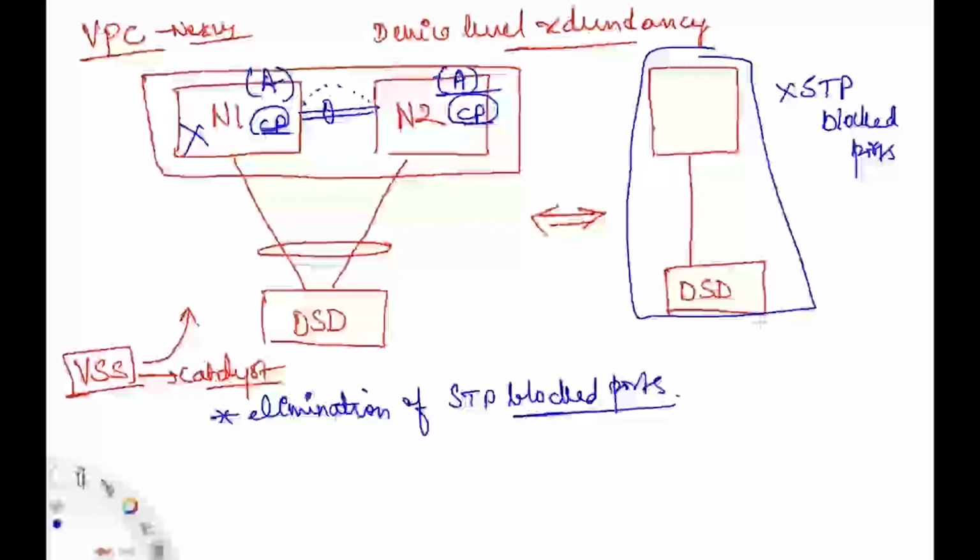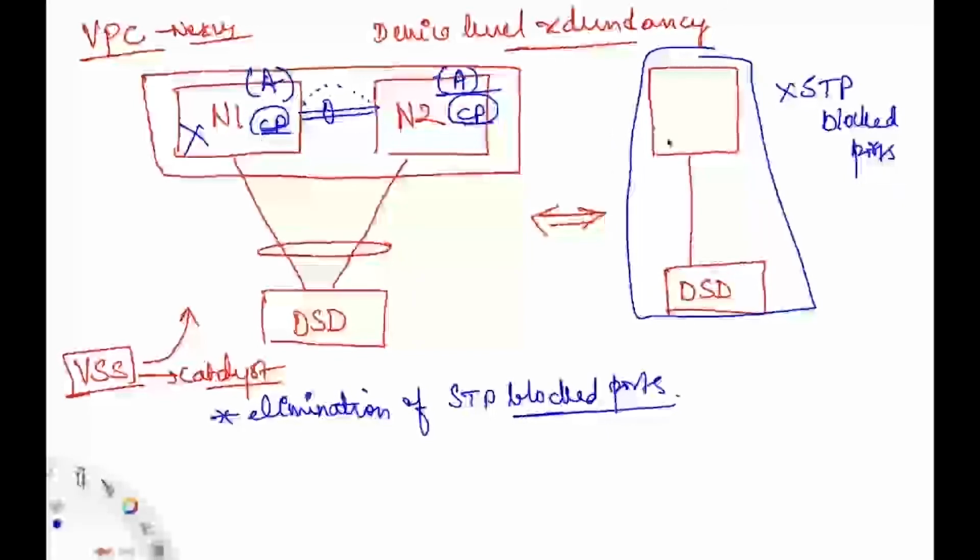Otherwise, one more scenario is that until and unless you are configuring your VPC domain, there should be some sort of a loop avoidance mechanism. All right. So please make note of this. STP is running in the backend for sure, but blocked ports are completely eliminated in VPC. You do not at all require it.